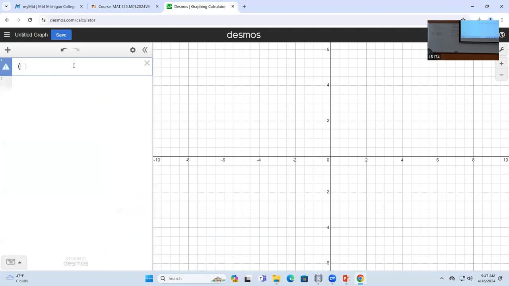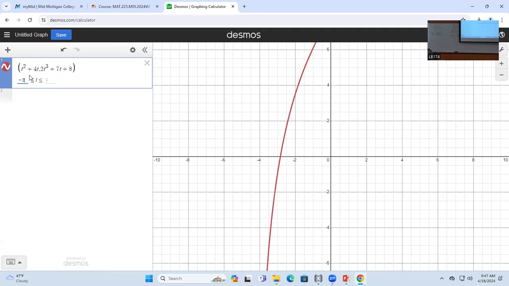So let's start by graphing. We have t squared plus 4t as our value of x. We have 2t to the third plus 7t plus 8 as our value for y. Let's go from t of -2 to t of 10.